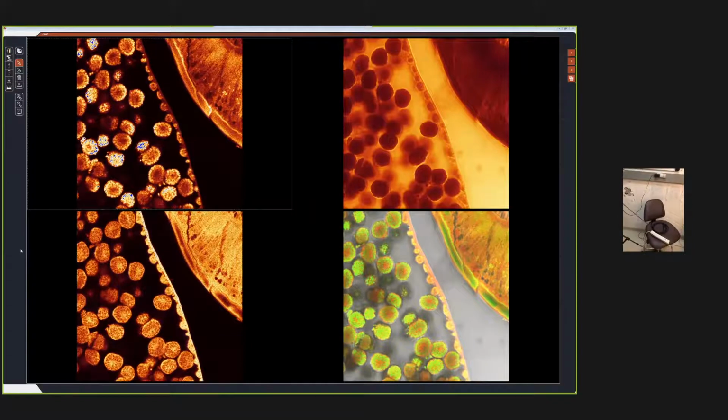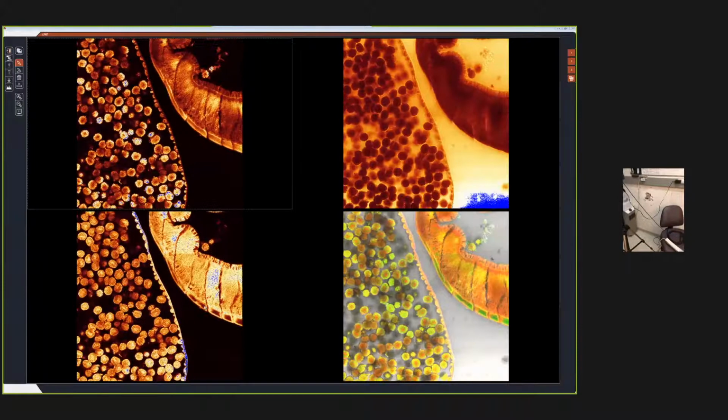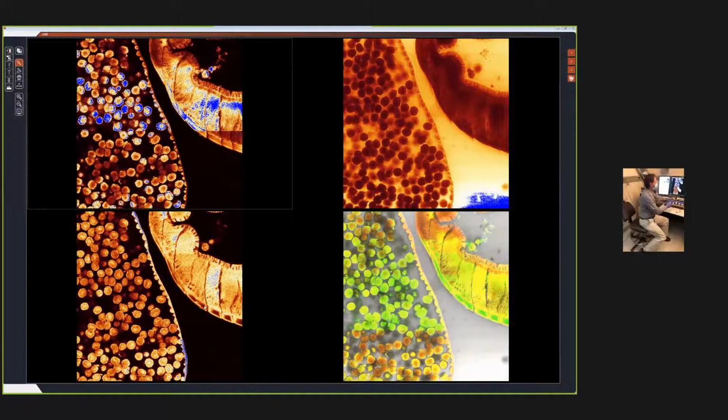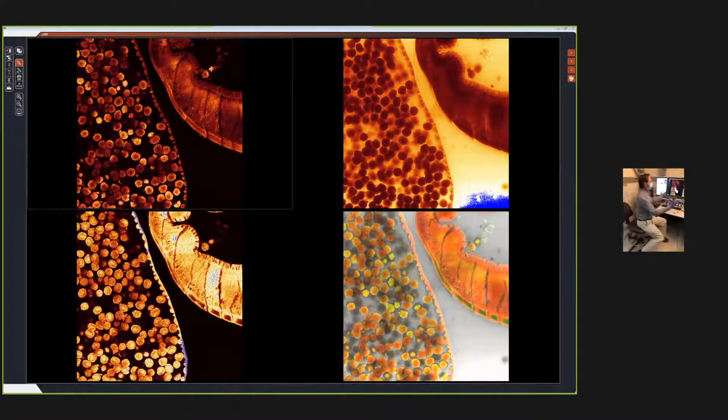Here at the control station, we can control things like the field of view and the brightness, for example, whether we're overexposing or underexposing the colors. We can also move around the sample.